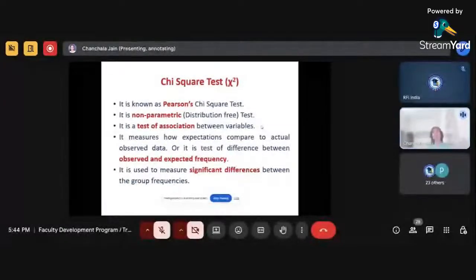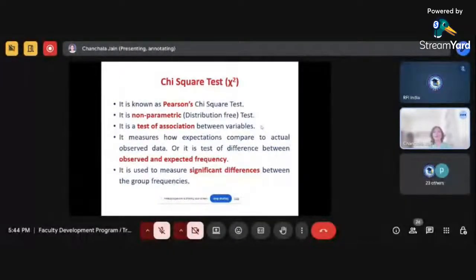Usually when we are interested to find the association between categorical variables, we go for the chi-square test, right? Apart from that, when you want to compare the observed and the expected frequencies, in that case we go for the chi-square test, right?